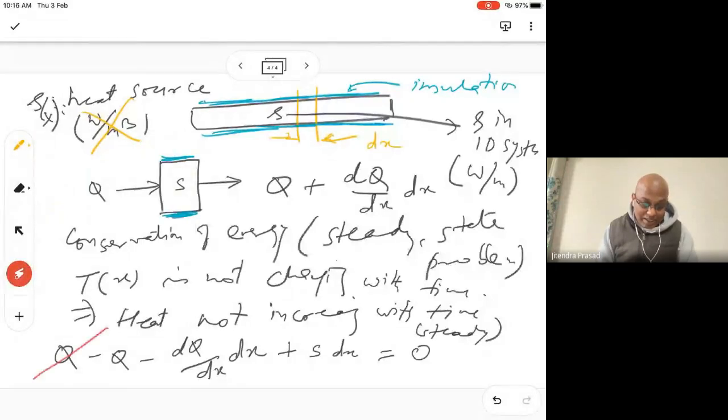You see that this and this will cancel out, and we have this plus S equal to 0. Both of them have dx as common. dx is not 0, so this we will get rid of. So finally we get this plus S equal to 0.